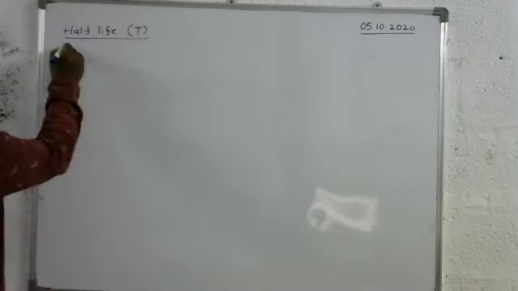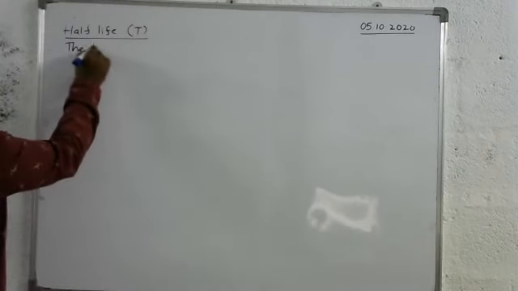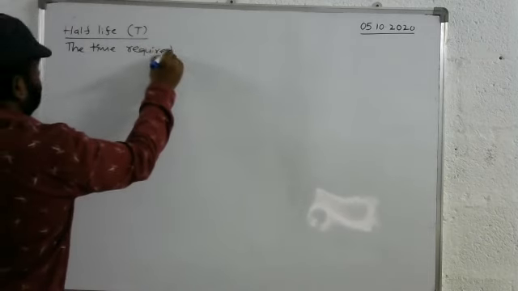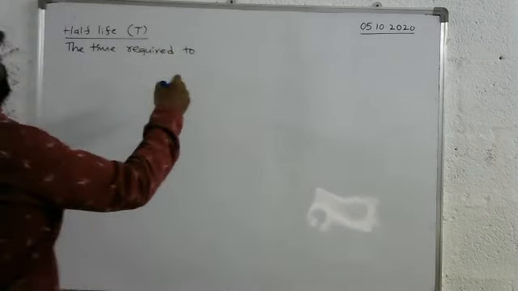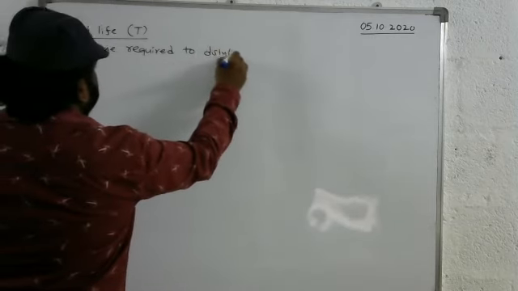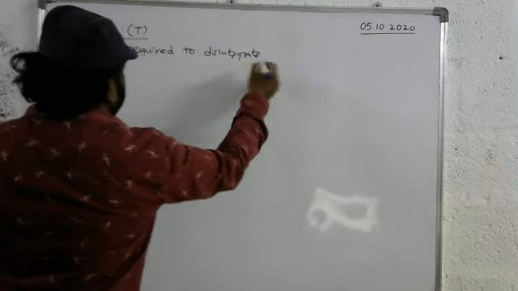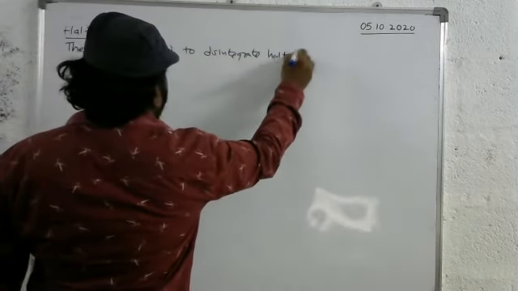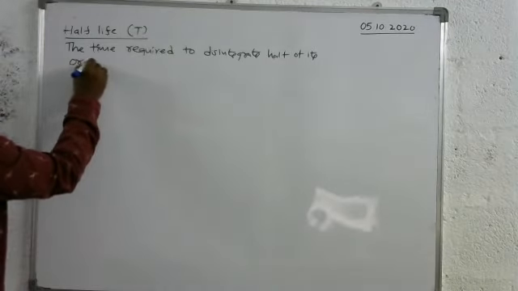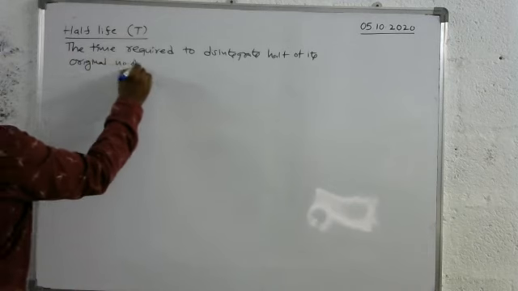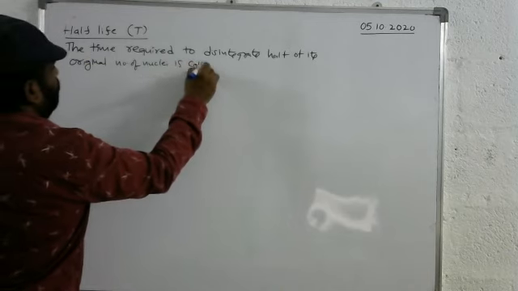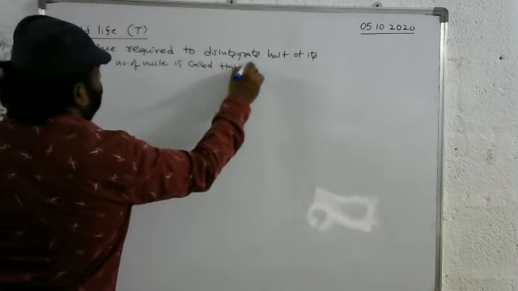The time required to disintegrate half of its original number of nuclei is called half-life.